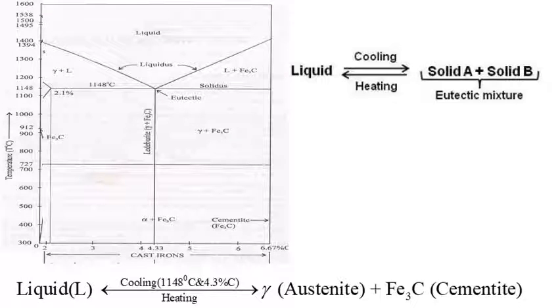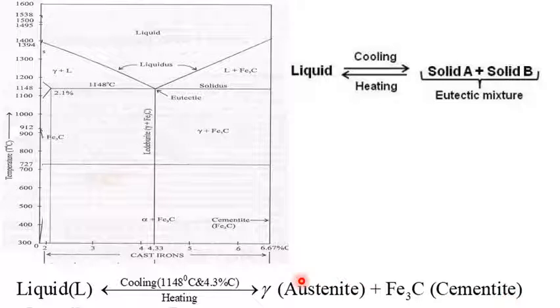Next is the eutectic reaction, where a liquid gives rise to solid A plus solid B, and the mixture is called the eutectic mixture. In particular to the iron-carbon diagram, the liquid at 1148 degrees Celsius and 4.3% carbon gives rise to austenite plus cementite.